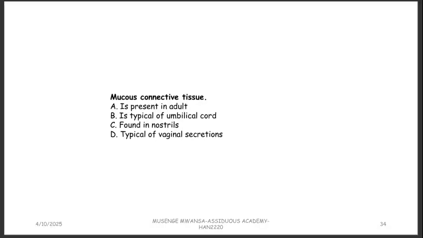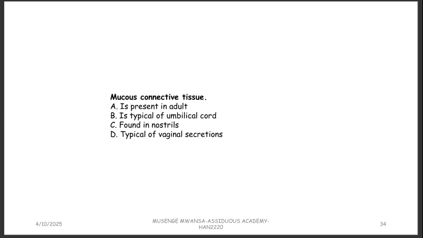Mucoid connective tissue is present in adults, is typical of umbilical cord, found in nostrils, typical of vaginal secretion. What can you pick there? Very good.